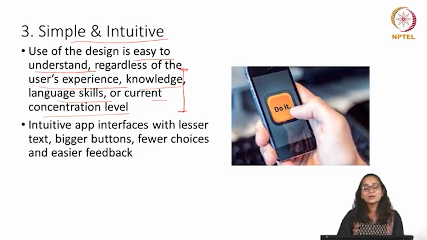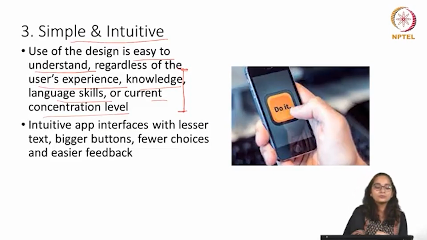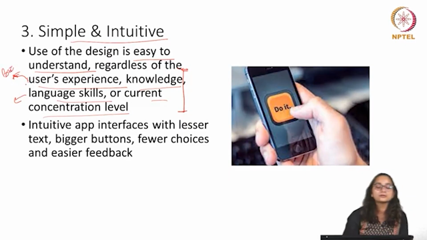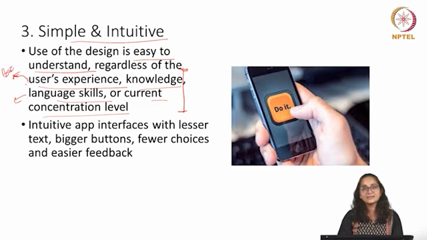We are able to accommodate people who may have language issues. We are able to accommodate people who are beginners, so that there is a smaller beginners or children or people who are less tech savvy or they are not aware about using any new technology.